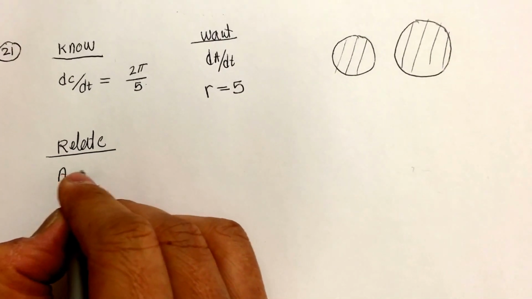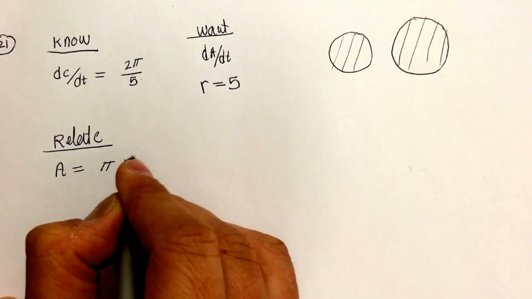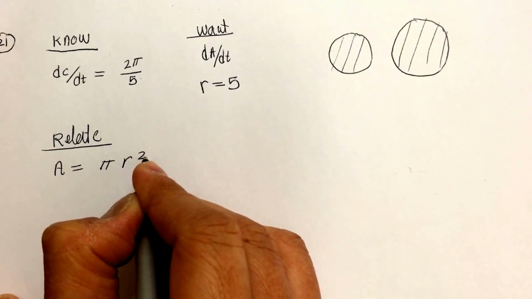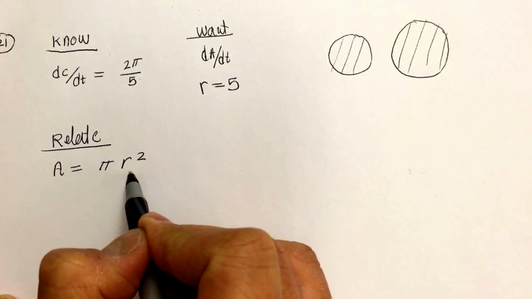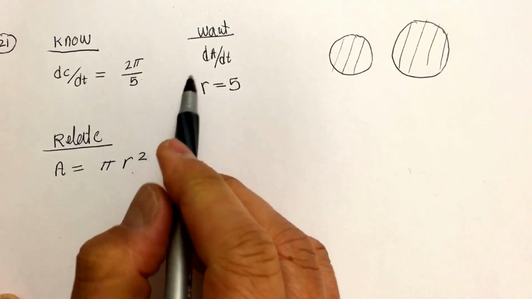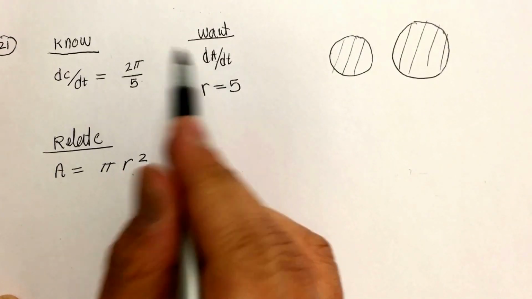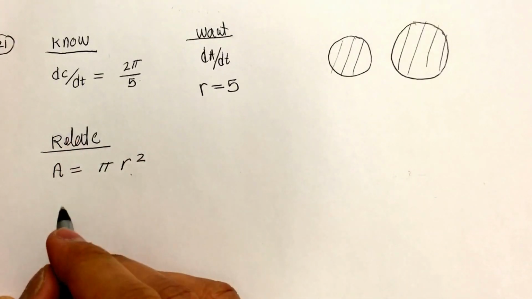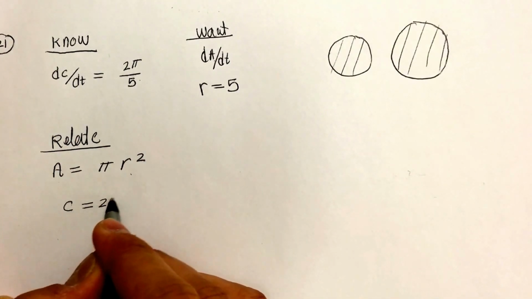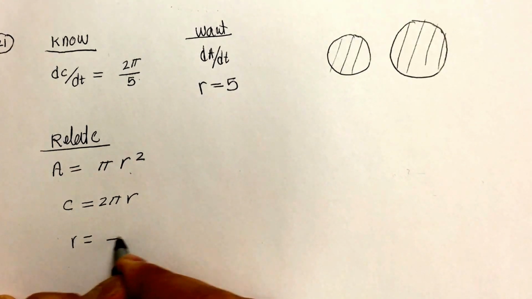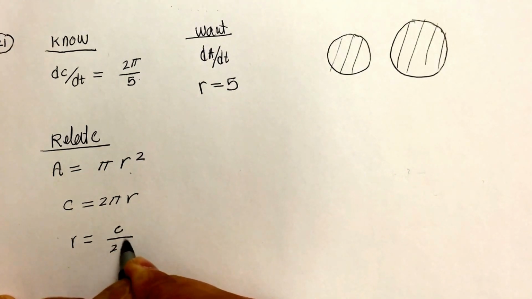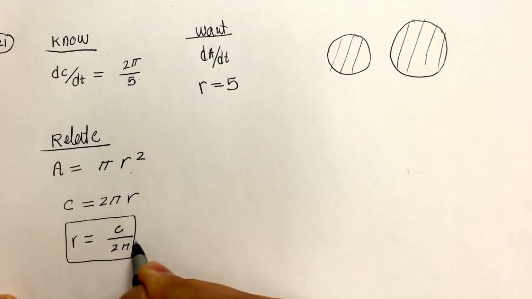We know that area is pi r squared, but that's so far a relationship between area and the radius. But we need to know the relationship between the area and circumference. We also know that circumference is 2 pi r, so we can actually solve for r and then plug it in here.